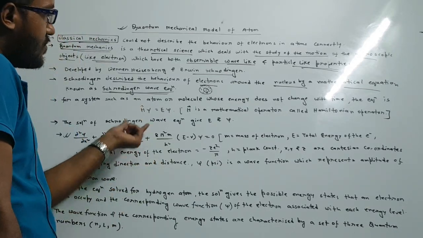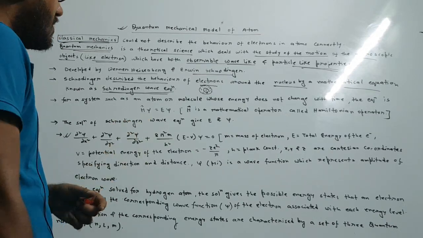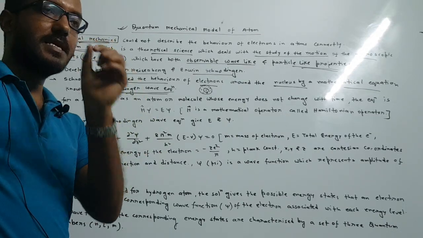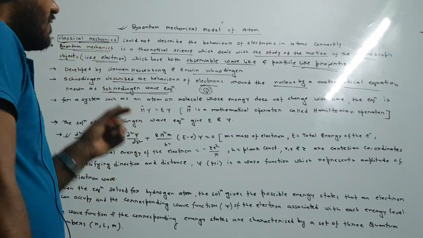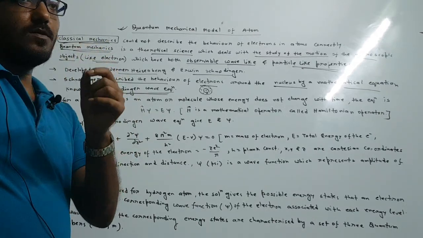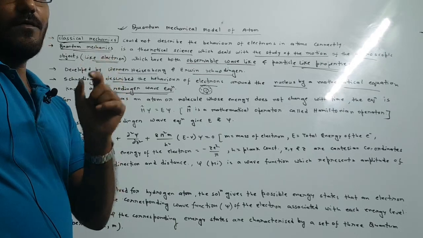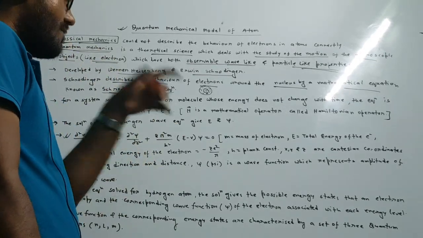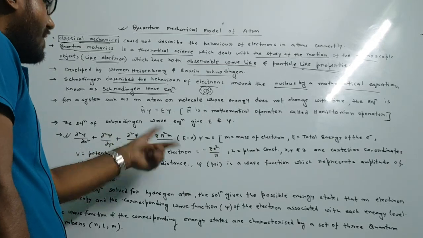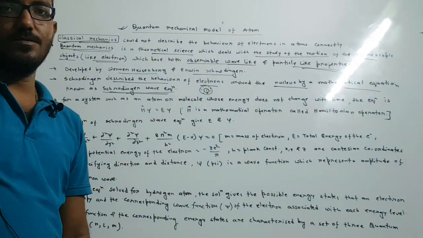The equation written on the board is only applicable for single electron behavior, not for multiple electrons. For multiple electron behavior, you have to apply a different or more modified version of this equation.